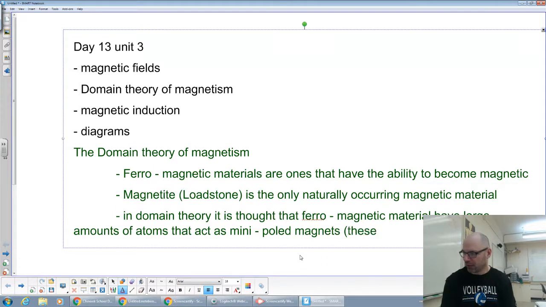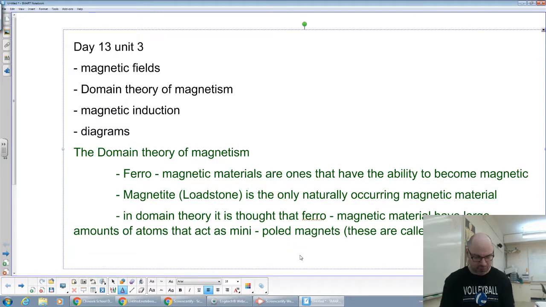These are called domains, we'll put in brackets. And the reason that they act like little mini magnets has to do with their chemical properties, or their alignment, the way the electrons are rotating in the orbits and things like that, is what the theory thinks, but we don't need to go that deep into it. And in a material that has magnetic properties, these domains have aligned in the same direction together.